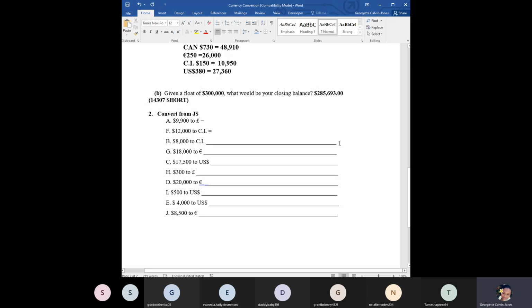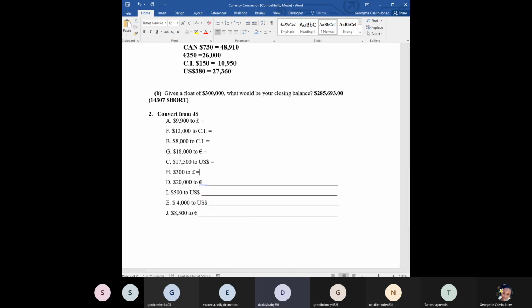So who other than Brioni, Sharika, and Emily wants to take this last part? I've been hearing Brioni, Sharika, and Emily, so I want to hear somebody else to complete this part.